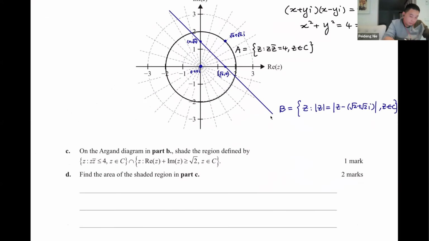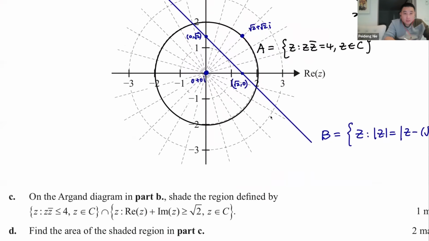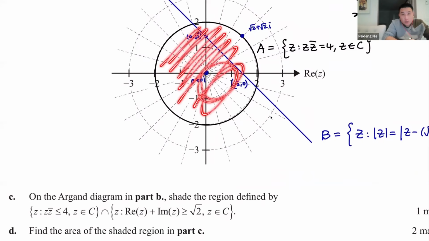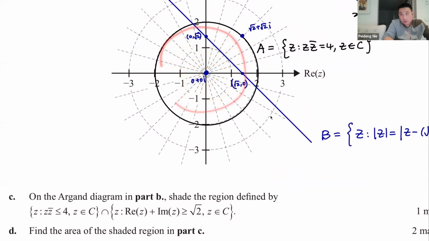Next part. Oh boy. Regions over the complex plane are creeping in again into the latest study design. So, yep, shading regions. So now, Z times Z bar is less than or equal to 4. That means everything within the circle, including the circumference itself, okay?